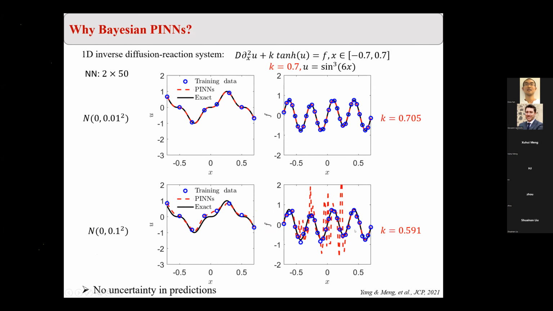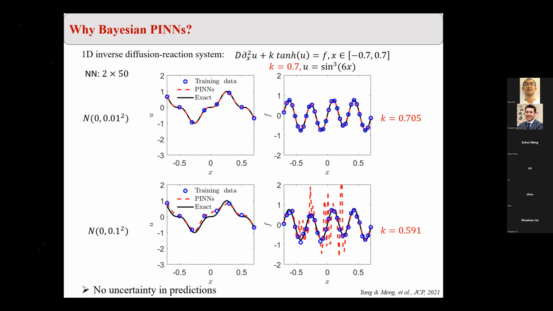And since we cannot get a very accurate prediction for U and F, the prediction for K is also not very accurate. So if we have very large noise in the training data, it's very easy to get overfitting.